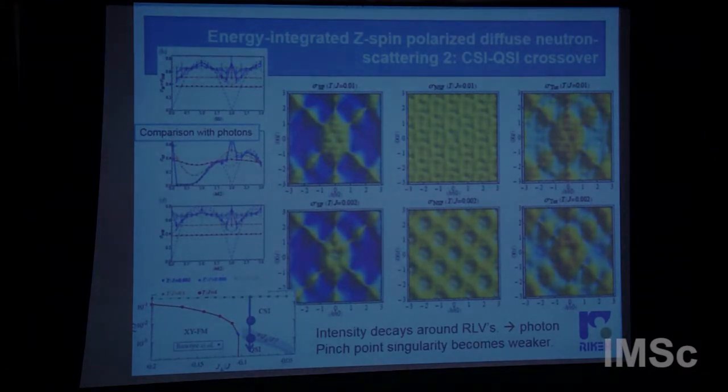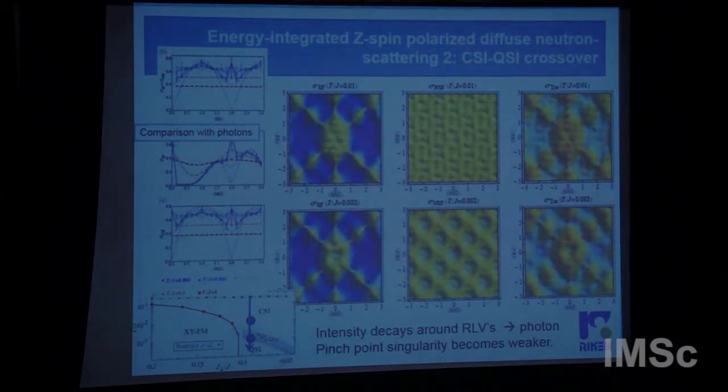So then we get the following. This is one order of magnitude smaller temperature, temperature 0.01. It's pretty low. We still see a pinch point-like feature, but we can see possibly some slight decay of the intensity around the reciprocal lattice vectors here and there.